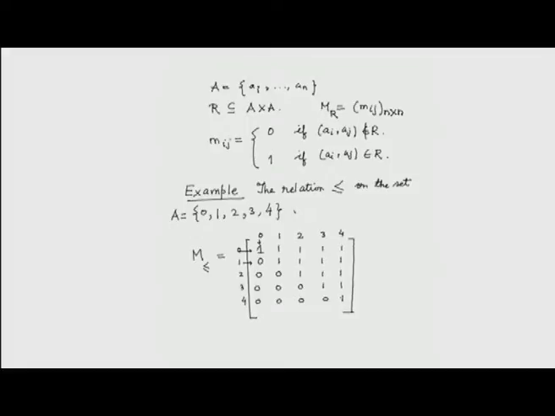We will now look at another example where we are given a digraph and we are asked to find out the corresponding matrix. Well, a digraph is connected to a relation, which is connected to a binary matrix.